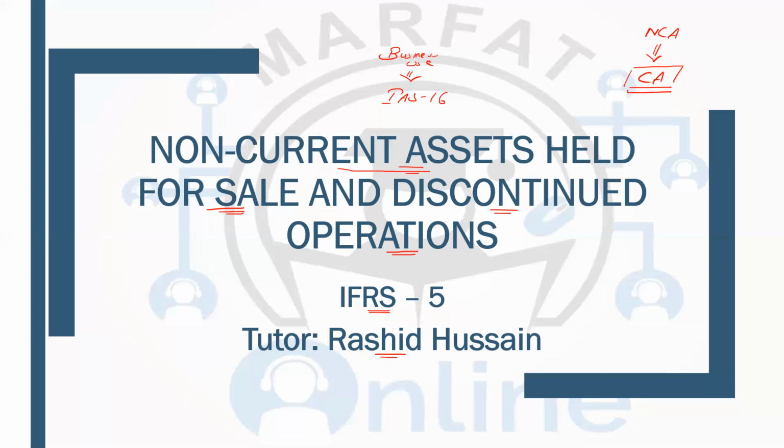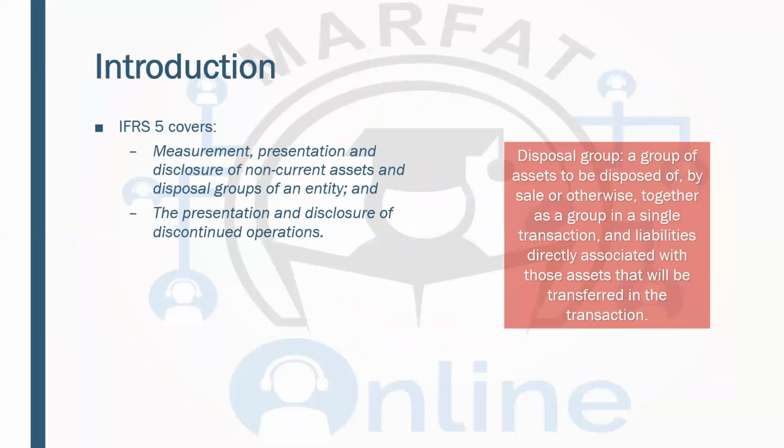So that is why IFRS 5 is here. That is why there is a need for a standard, so that it covers all these aspects which I have discussed in my example. Now, what will IFRS 5 be covering?